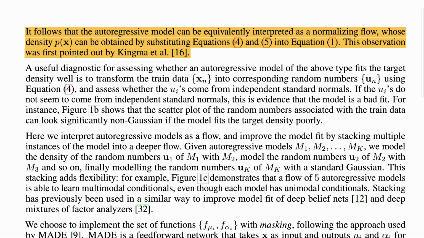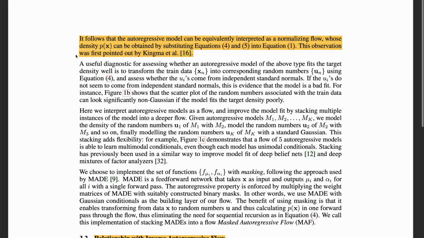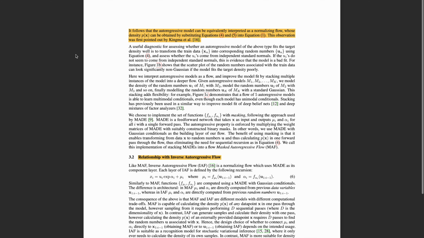So if we sum up the contribution of this paper, they built a normalizing flow model by using an autoregressive model, and to avoid sequential computations, so that you don't need to do for loops to go from x0 to xn, they model it in a way that you can do everything in a single forward pass, building on the MADE architecture.